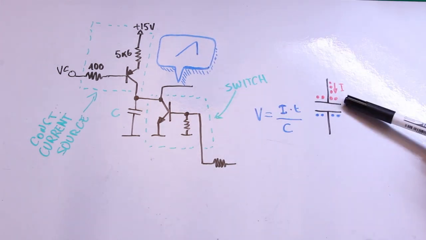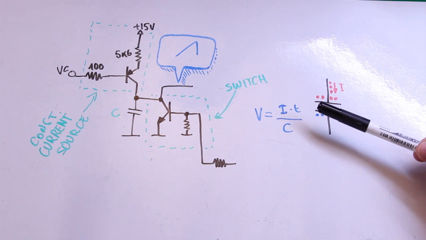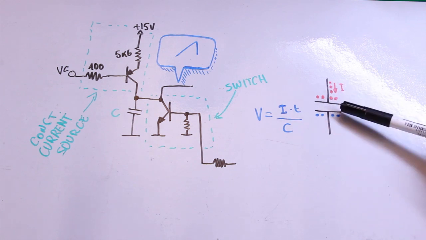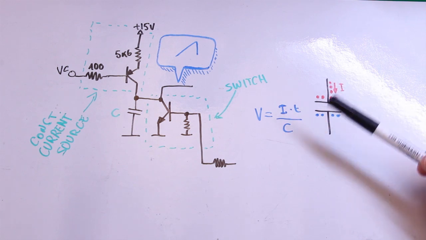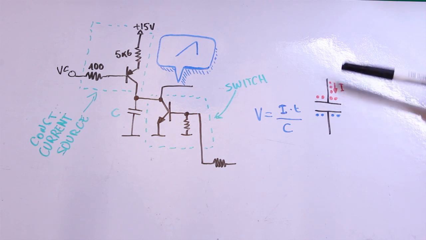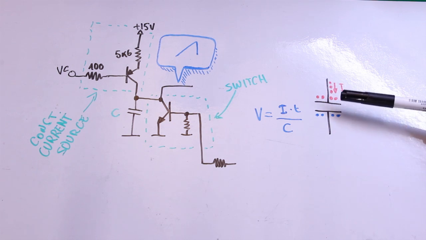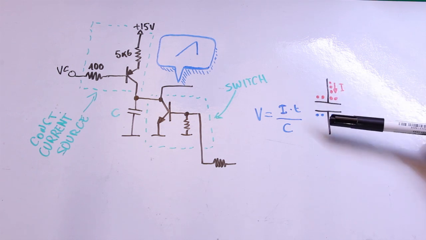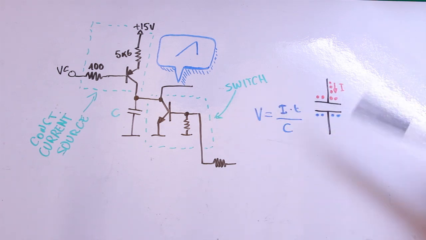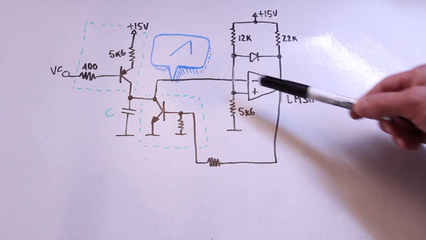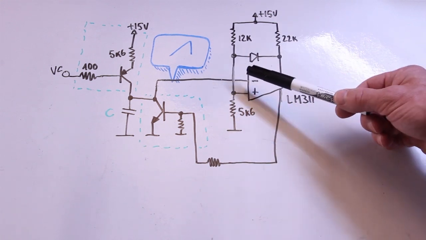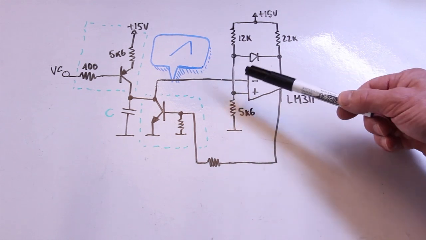Since the voltage across the capacitor is proportional to the charges that build up over time on it, providing a source of constant current, there is a constant flow of charges, and it is the way to go to generate a straight ramp.